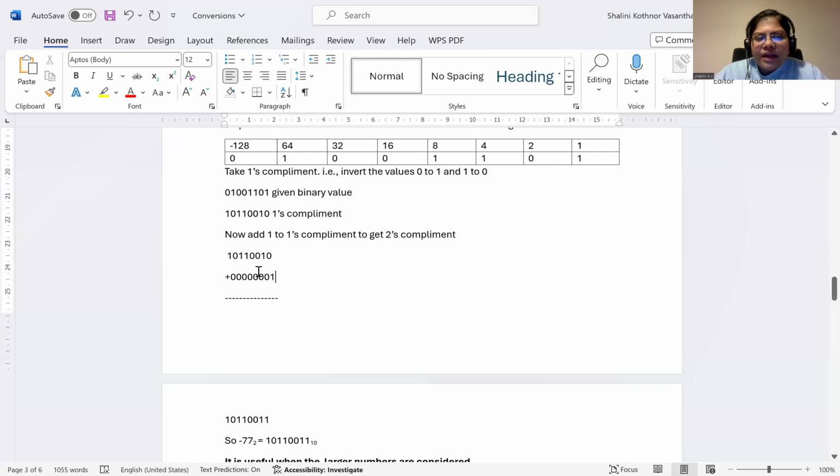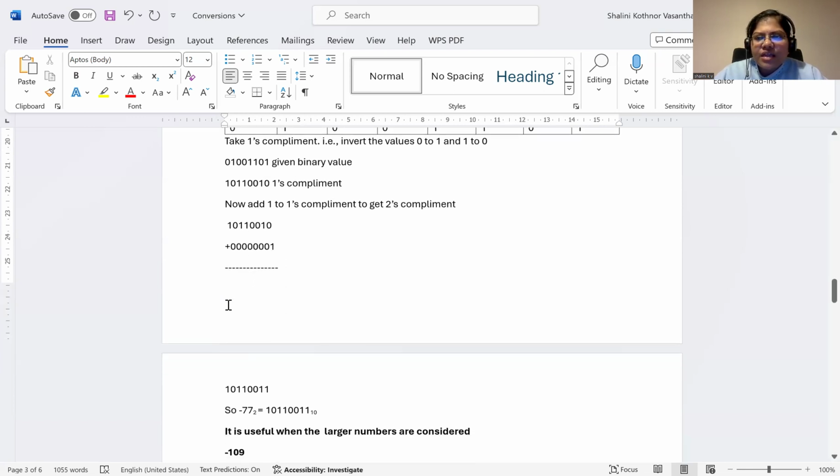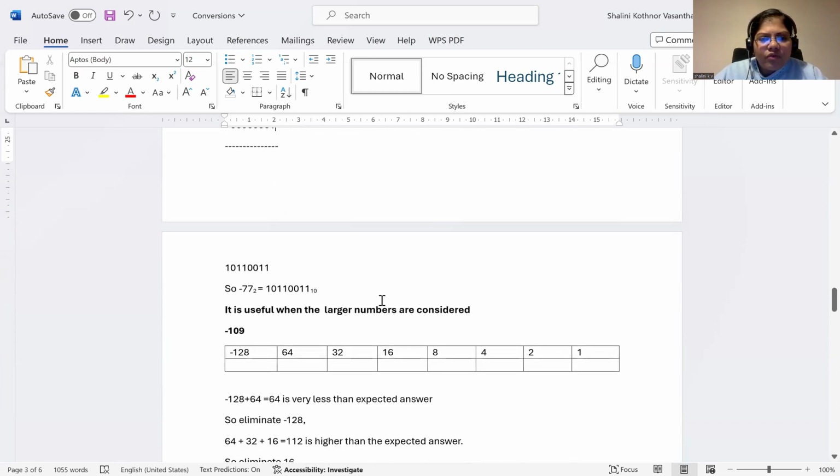This you will have to remember. Sometimes overflow might happen. That means at the end you get the solution, but a 1 is carried forward to a place which is not in the range. That is the concept of overflow. There are very few chances that it will happen in conversion questions, but there is a possibility of overflow.